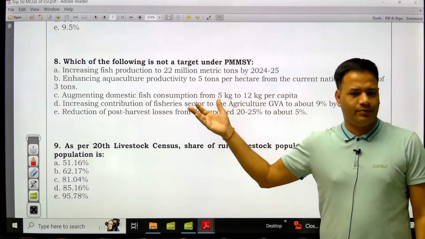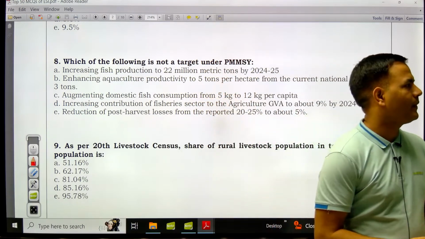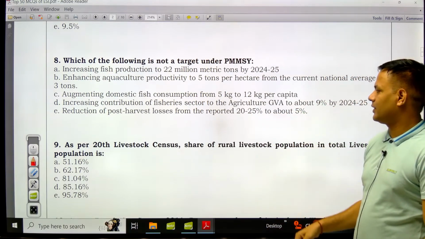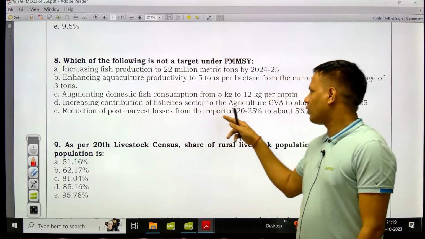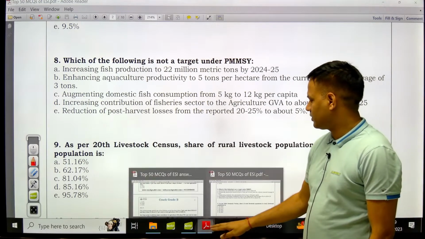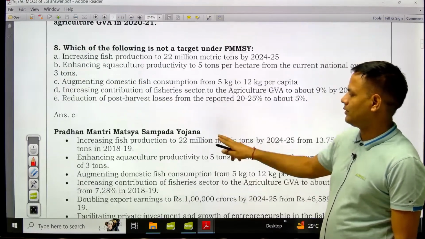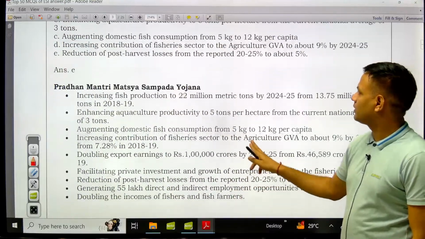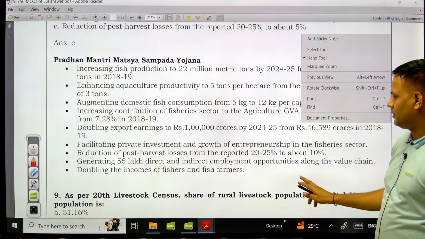So an individual question can be asked on these facts also. Which of the following is incorrect? Yes, E is incorrect. It is 10%, not 5%. Reduction of post-harvest losses from the reported 20-25% to 10%. Answer is E.